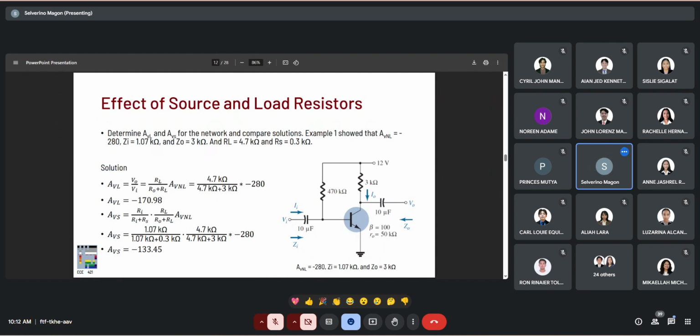So example, okay. For the given circuit, we solve for the loaded voltage gain and the effects of the source resistance. Example one showed that no load voltage gain is 280, input impedance is 1.07K, output impedance is 3K, RL is at 4.7K, and RS is at 0.3K.